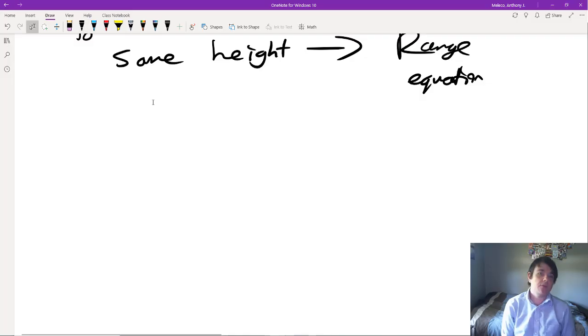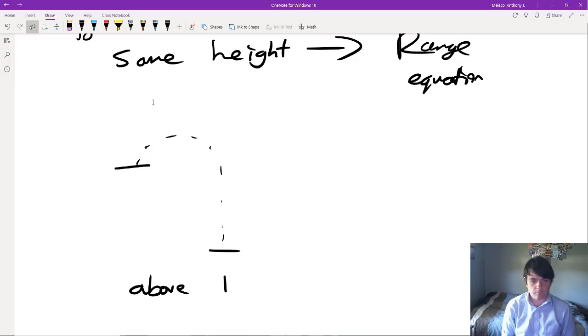The next type that you will see is up and then down. So this is above to below, where your y initial is higher than your y final. There is another variant on this. I showed you going up and then back down.